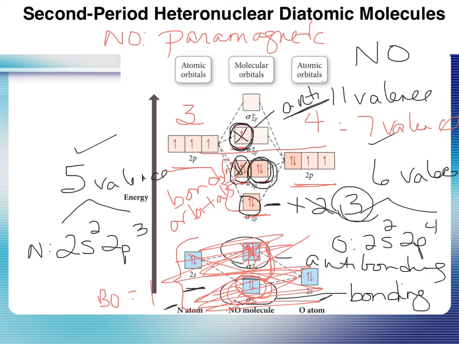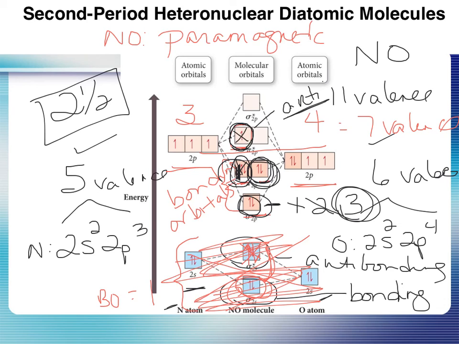So instead of a bond order of 3, we have a final bond order of 2.5, because one of the electrons in this orbital is canceled. So that means we have essentially 2.5 bonds in the nitrogen monoxide molecule. And I'm going to show you how that is actually representative of what really exists in nitrogen monoxide on the next and last slide.